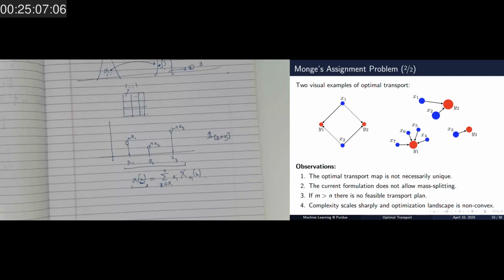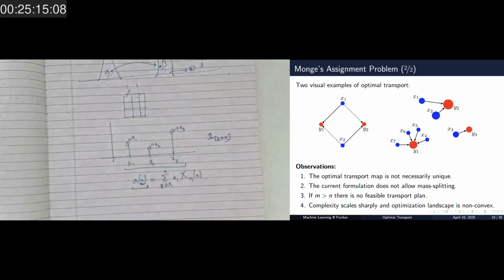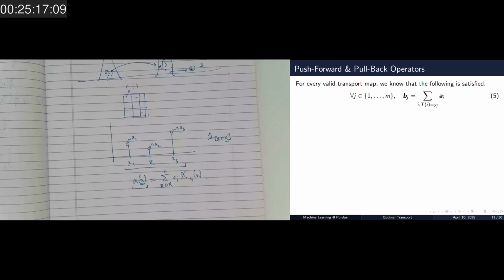If that does not happen, that means that it is not a valid transport map, and computing the cost means nothing for us because we have not transferred alpha to beta anymore. So we basically have this equation over here, which describes the same thing in a mathematical way.